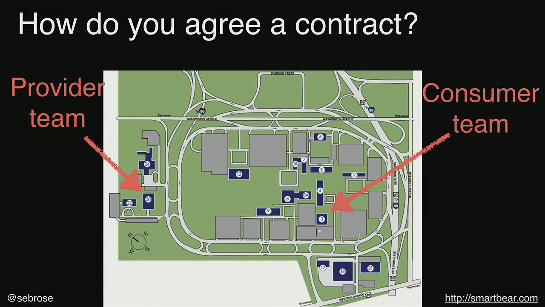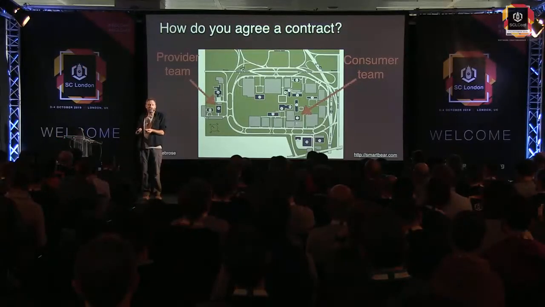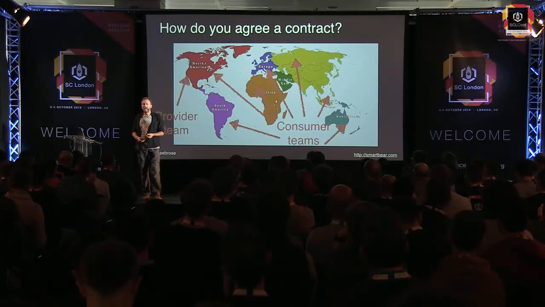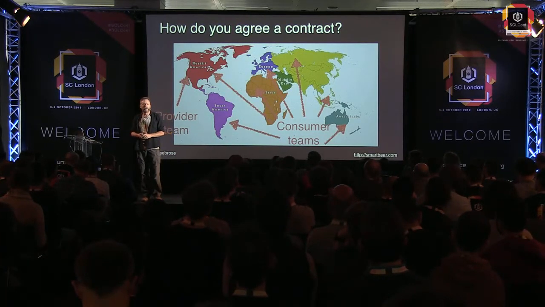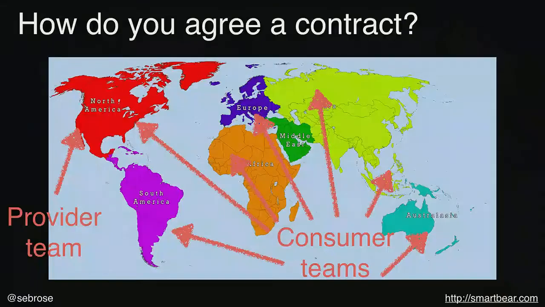And at that point, trying to coordinate changes means a lot of effort, especially if you don't even know who the provider is. And then finally, you will find global organizations where you've got consumer teams all over the world. And at that point, you throw in the time zone problems as well.